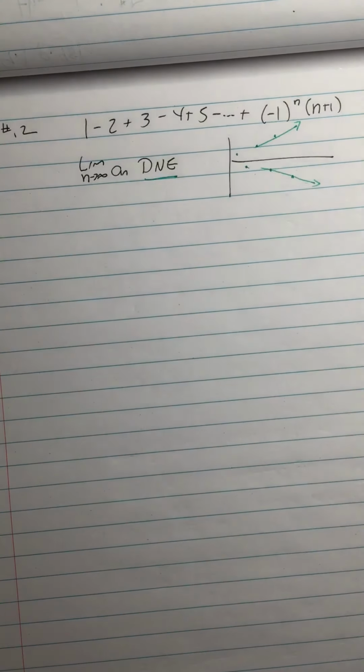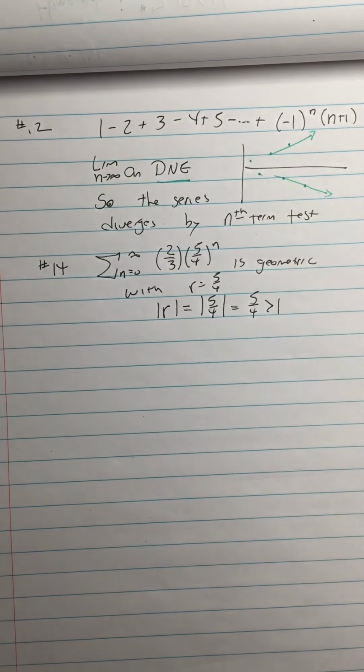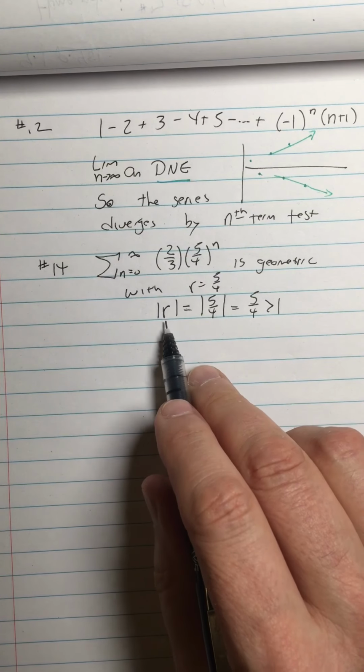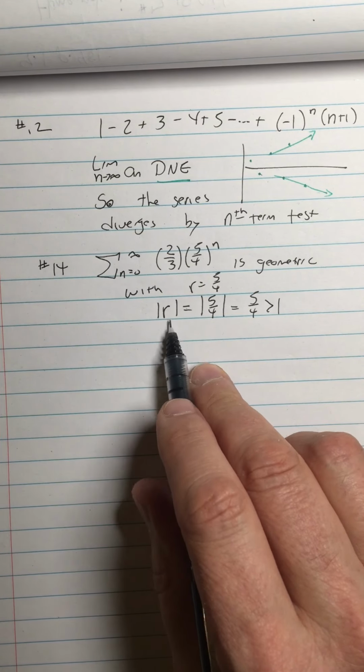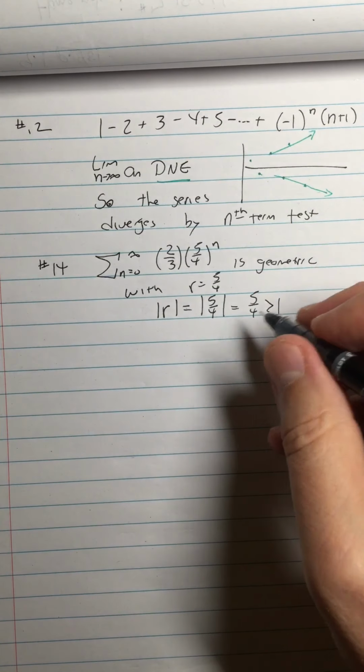Now I can just say 5/4 is greater than 1, but remember the theorem is more specific than that. The theorem is that the absolute value of r has to be greater than 1. So to justify this fully, the absolute value of r is the absolute value of 5/4, which is 5/4, which is greater than 1. A bit of a roundabout way to say it, but it really nails that the absolute value of r is greater than 1.